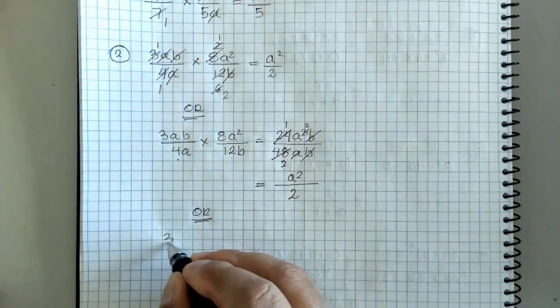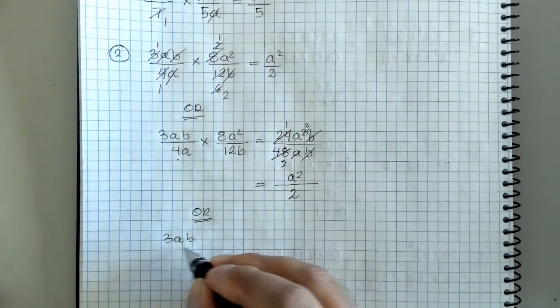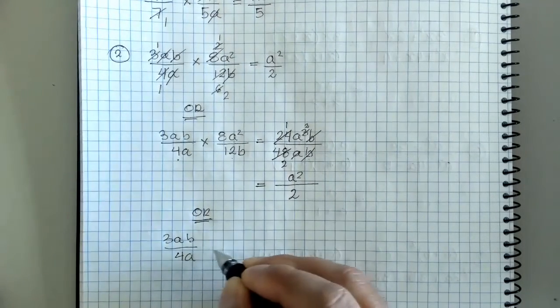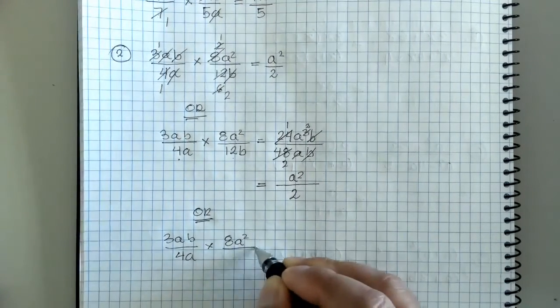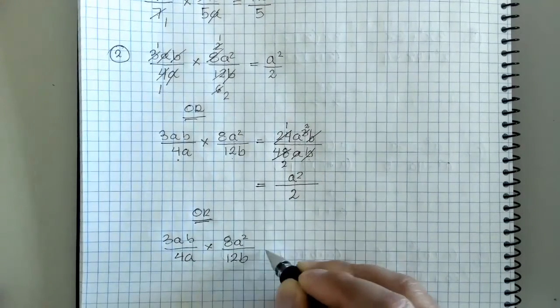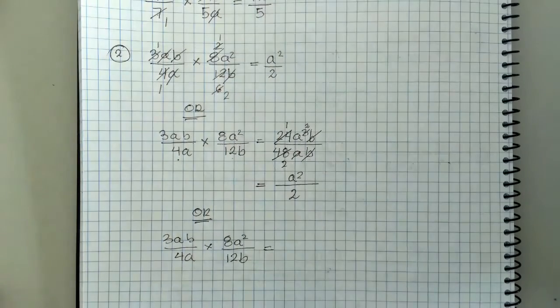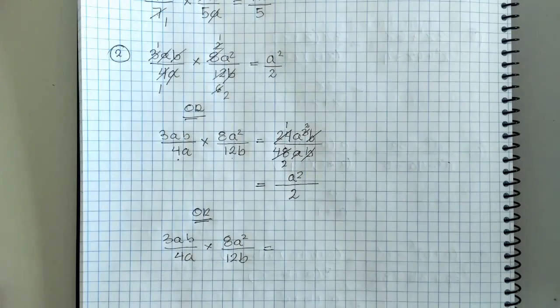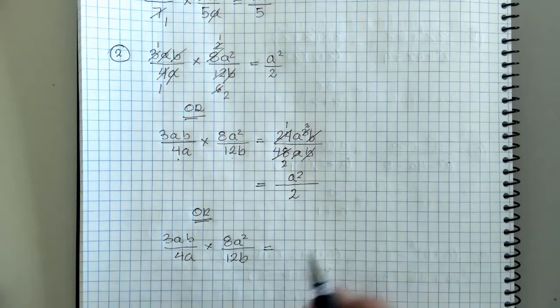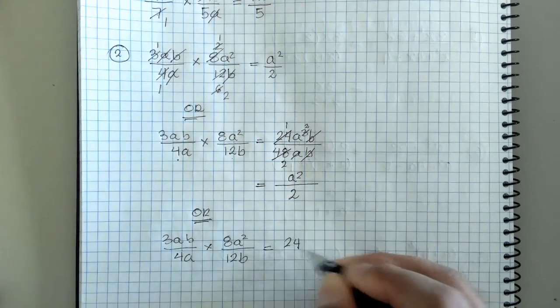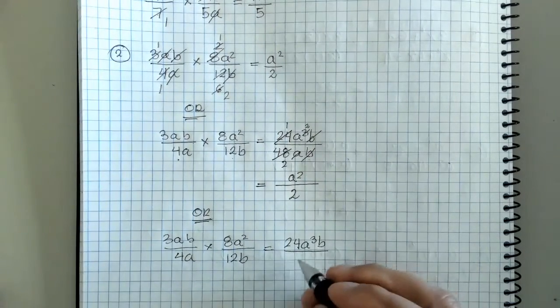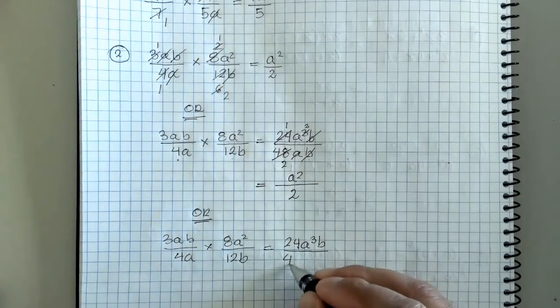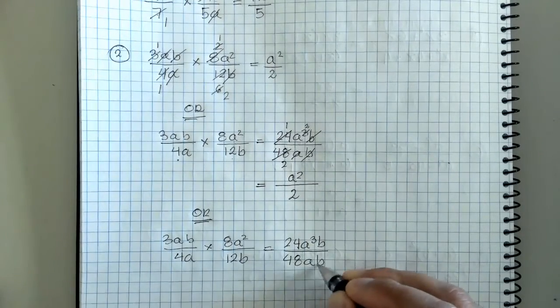You can simplify the process a bit more, and if you can multiply across, then you do so. So it's going to be 24a cubed b, and then you have 4 times 12, which is 48ab.